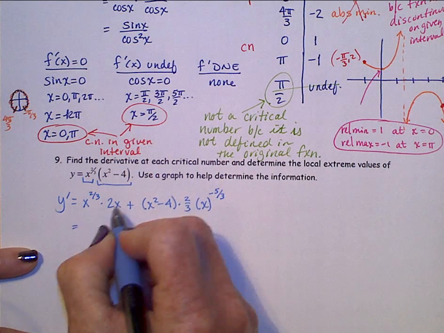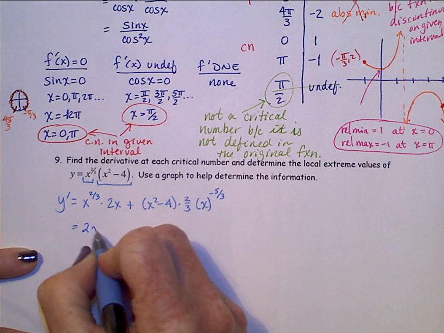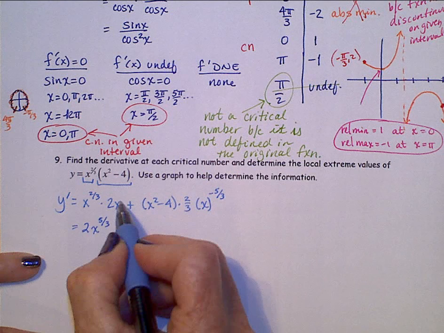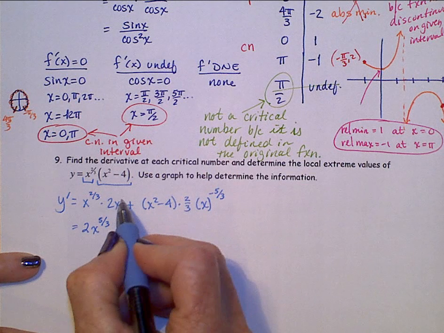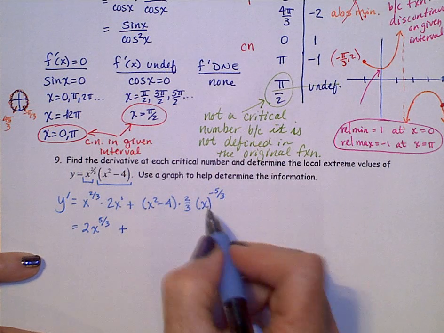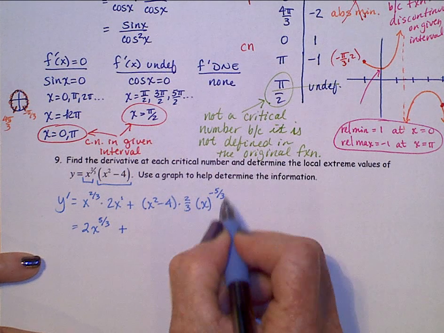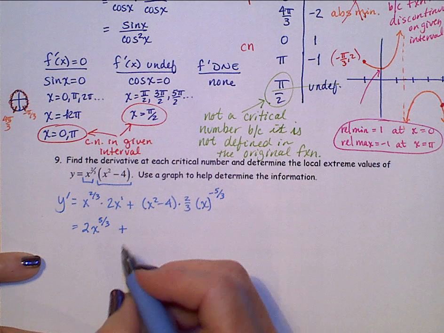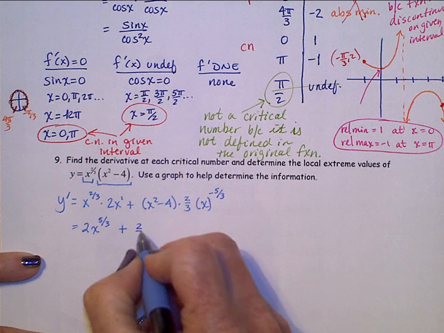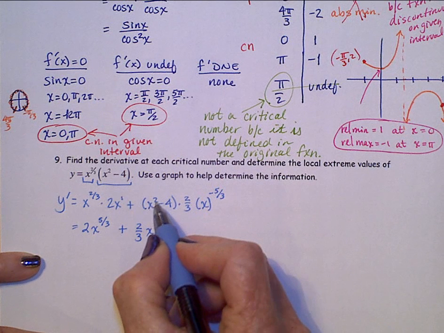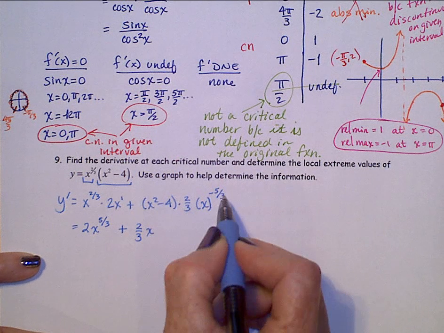This is going to be 2x to the 5/3 because I added the exponents here with this x to the first and that x to the 2/3. Plus, let me distribute this 2/3 x to the negative 5/3 through the parentheses. And that's going to give us 2/3 x. All right, that's 6/3 and negative 5/3.